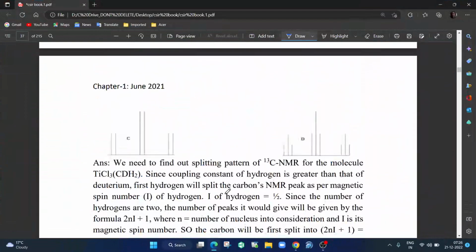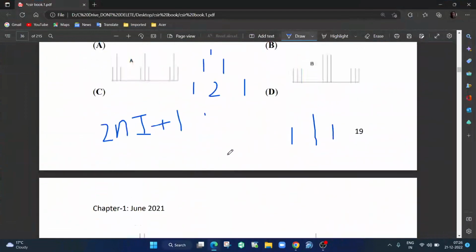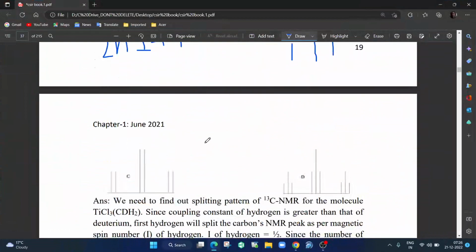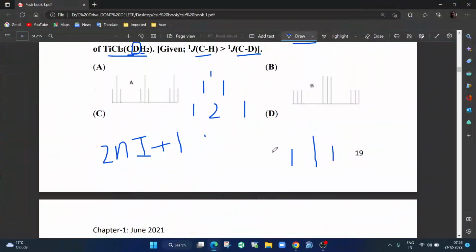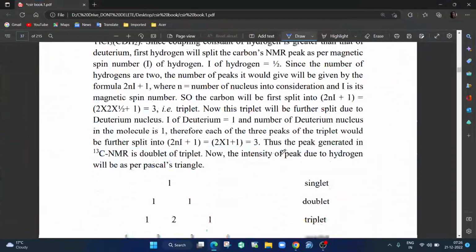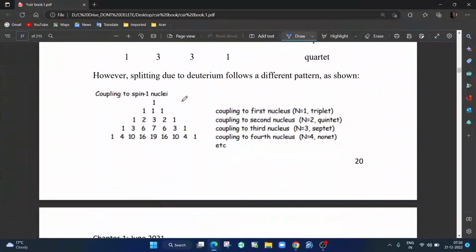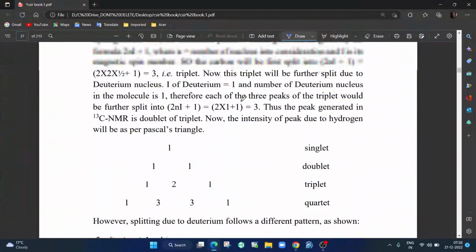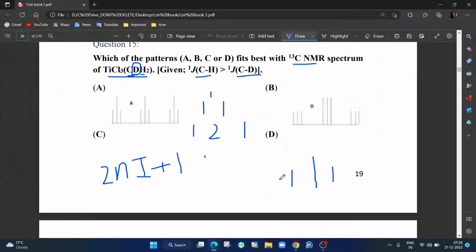With all of the options given, at least A, B and D are given as triplet of triplets. We want to know the height, the ratio. I had said this previously also, the coupling pattern here is 1:1:1. So the deuterium triplet is not 1:2:1, it is 1:1:1. So first it already got split into 1:2:1, then when each is split into a triplet, all will have the same height.